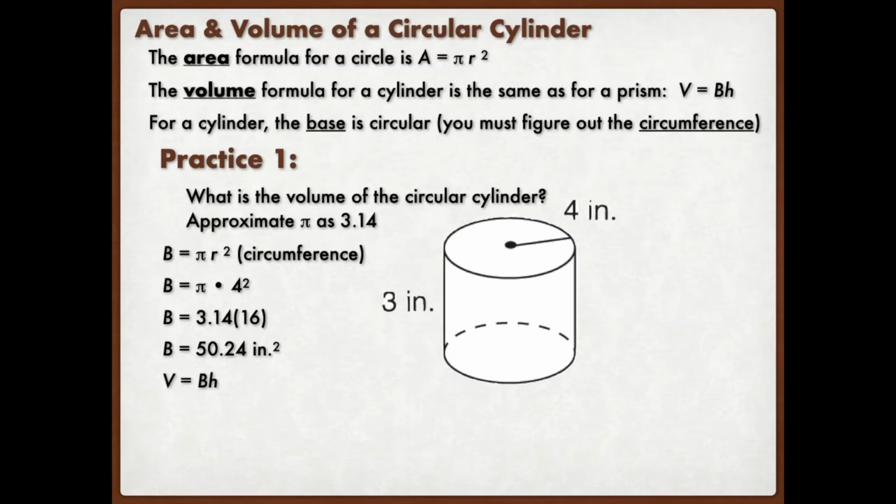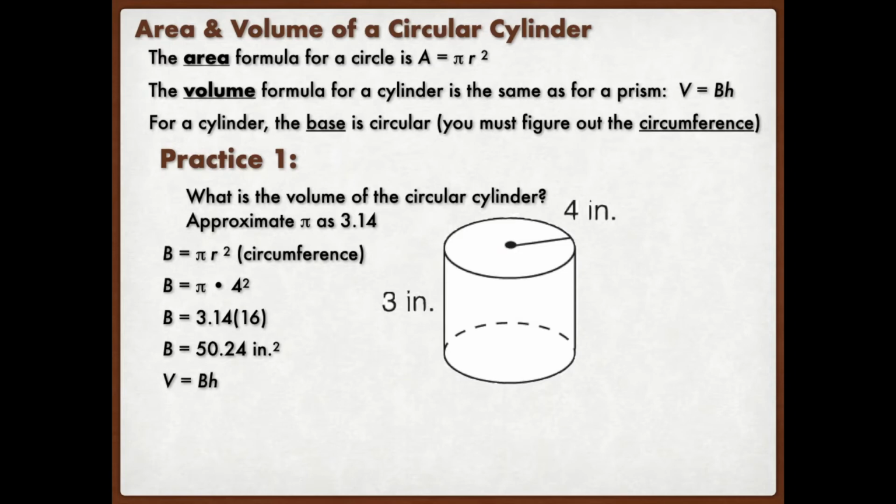Now I want to figure out the volume of the cylinder. So that's base times height. In a cylinder, if we're dealing with a circle, we're not dealing with base being length times width. In this case, because it's a cylinder, it's going to be the circumference.